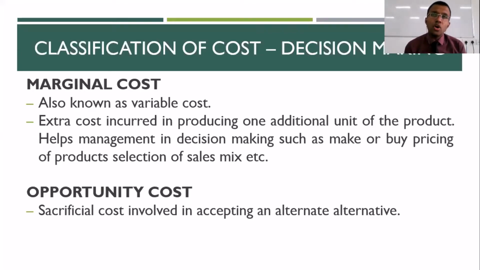Now, marginal cost calculation helps your firm to decide whether we should make the components or buy the components, or what is the sales mix that your firm has to have, etc. So all this can be calculated with the help of marginal cost.